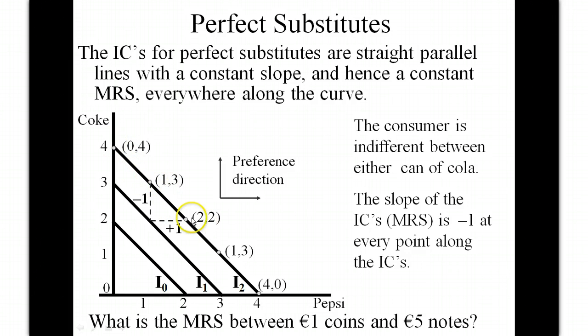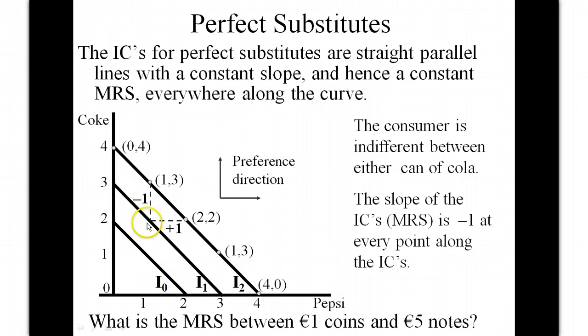And whether it's 1 and 3, 2 and 2, 3 and 1, or 4 and 0, the utility is exactly the same. So the goods are perfect substitutes. So the slope of the indifference curves here is -1 at all times. The person will swap them on a one-for-one basis, regardless of where they are in the indifference map.